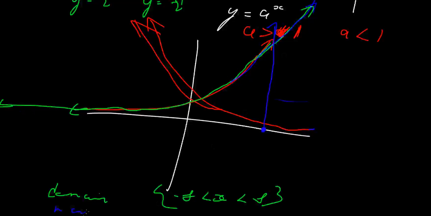So range: y lies between, and it doesn't include 0, because it gets very close to y equals 0 but never touches. So we don't have our equals there. No equals. Y lies between 0 and infinity. And also, we don't have the equals here because it's infinity. You can never be equal to infinity.